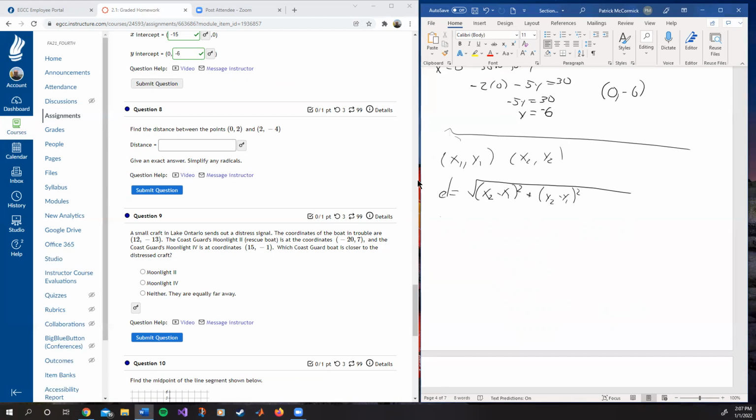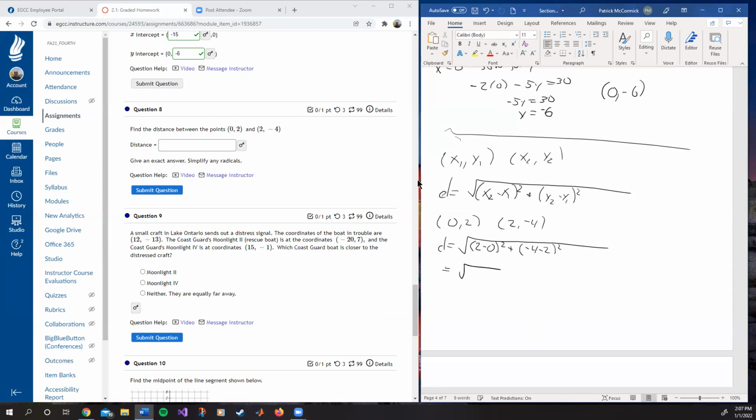For our problem, our 2 points are 0, 2, and 2, negative 4. So my distance between them is the square root. It doesn't matter which point you choose as x2 and y2, just be consistent. So 2 minus 0 squared plus negative 4 minus 2 squared.